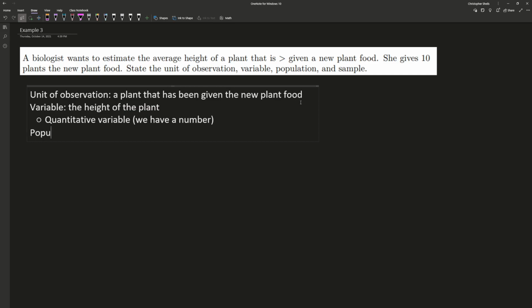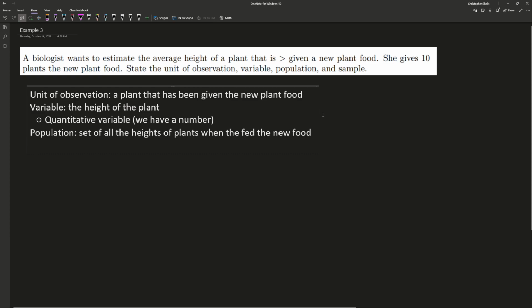Our population here is going to be the set of all the heights of plants when fed the new food. I guess quote unquote fed, right? As much as I suppose plants eat, right?